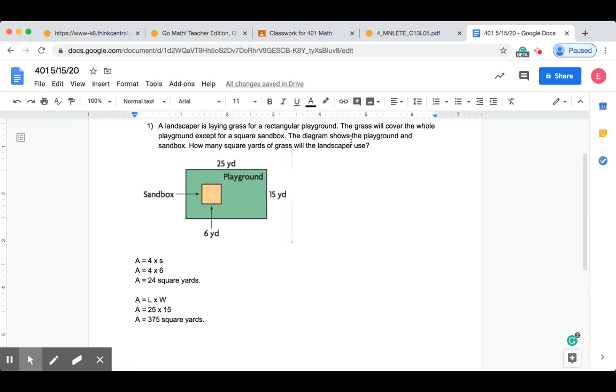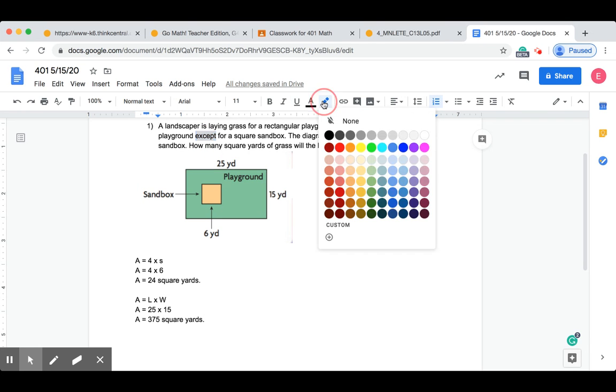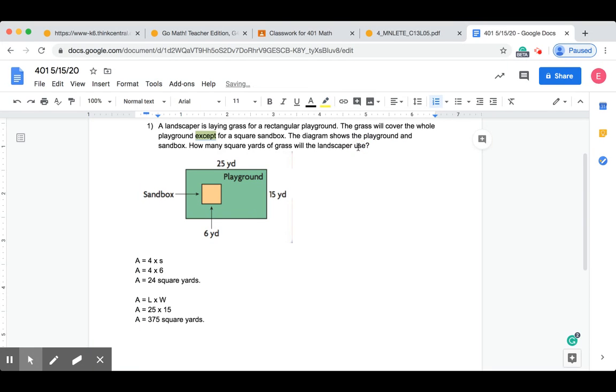And we know the grass will cover the whole playground except for a square sandbox. So we know that it's covering the whole playground except for that sandbox. So what we're going to do to solve is, if we already know this entire area and we just want to take away the sandbox, we will subtract the area of the sandbox from the area of the entire playground.